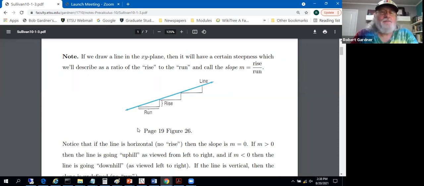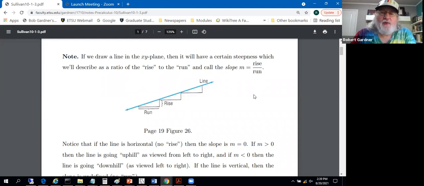More of that soon. If we draw a line in the Cartesian plane, the XY plane, then it'll have a certain steepness to it, using an informal non-math term, which we'll describe as the ratio of quote unquote rise to the quantity quote unquote run. We'll call this slope, which we'll denote with an m, and it'll represent rise over run, quote unquote.